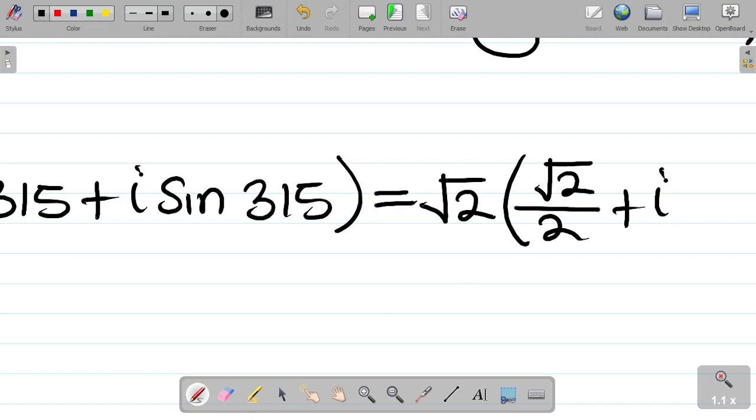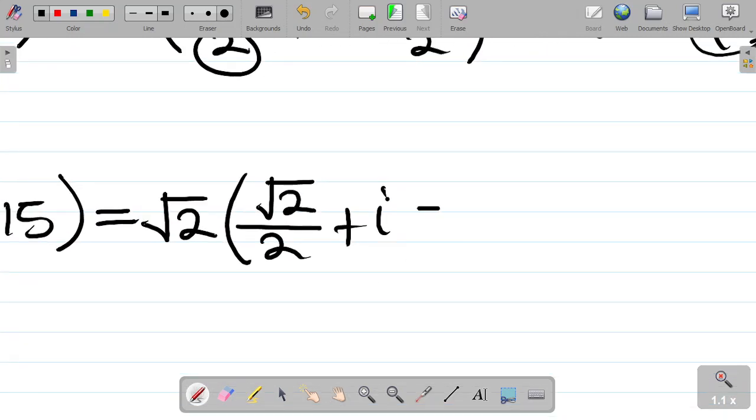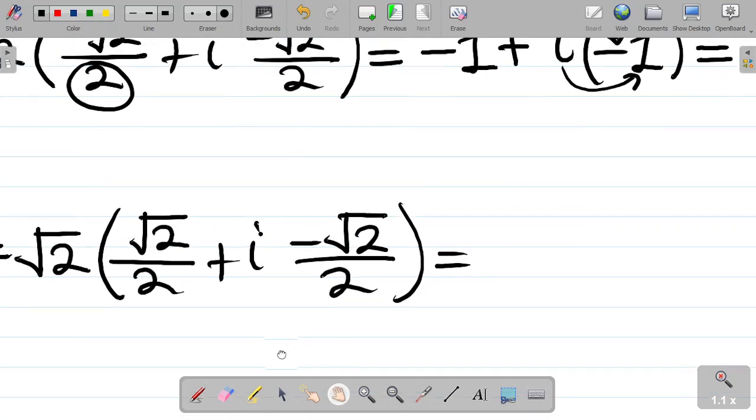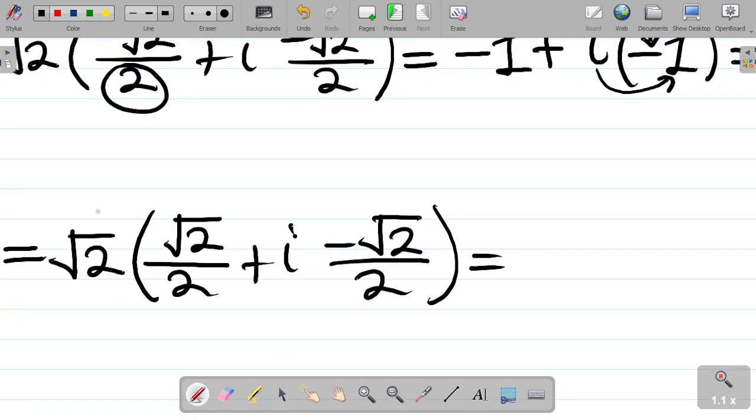plus I. Punch sine 315. So I'll get my calculator, I'll punch sine 315. This will give you minus root 2 all over 2. Alright? Now solve this. What do you have here? Again, root 2 times root 2 gives you 2 all over your denominator here, which is 2. This cancels this. You have what there? 1.